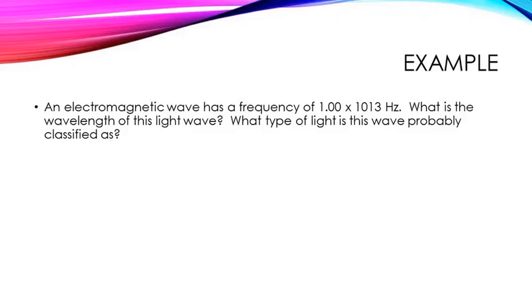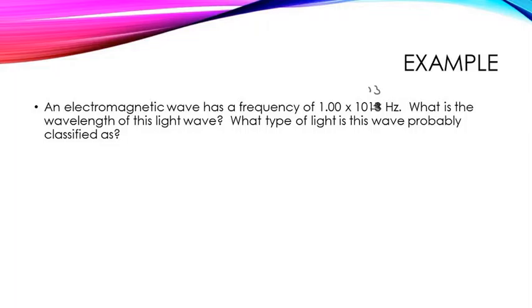An electromagnetic wave has a frequency of 1.00 times 10 to the power of 13 hertz. What is the wavelength of this light? What type of light is the wave probably classified as?